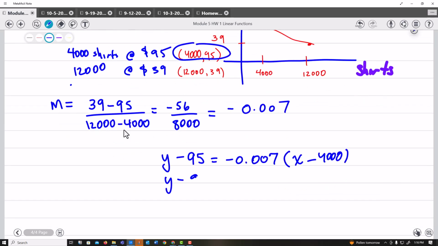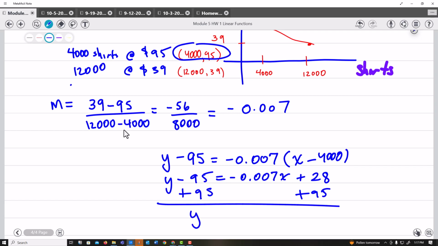So I have y minus 95 equals negative 0.007x, a negative and a negative is going to be a positive. And so then 4,000 times that value gives me 28. And then I'm going to add 95 on both sides. So y equals negative 0.007x plus 123.